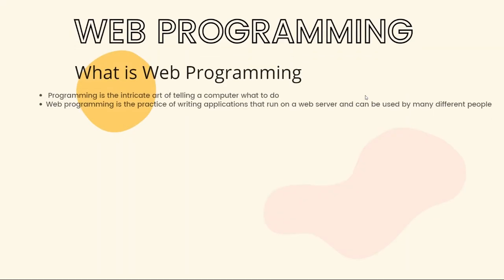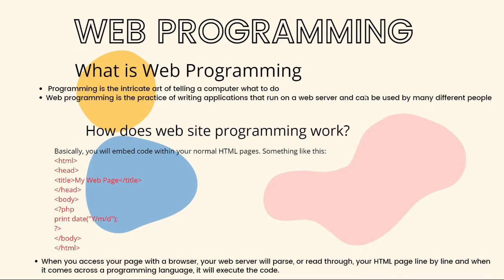Okay, web programming. What is web programming? Programming is the art of telling a computer what to do. Web programming is the practice of writing applications that run on a web server and can be used by many different people. How does web programming work? Okay, this is how web programming works. Basically, you will embed code within your normal HTML page, something like this.